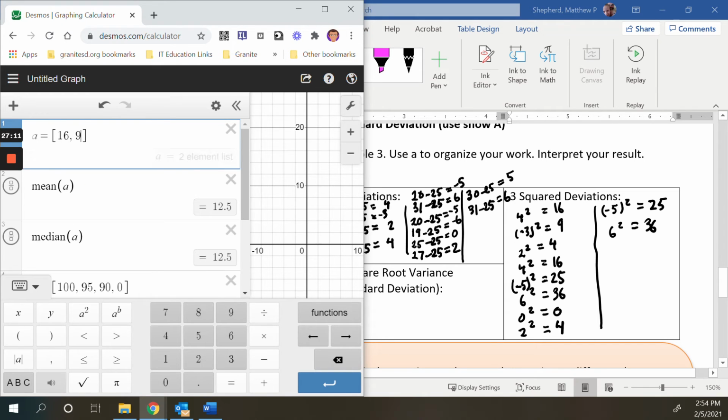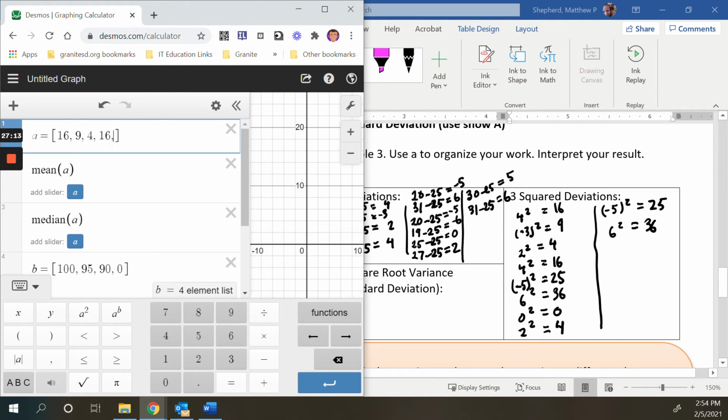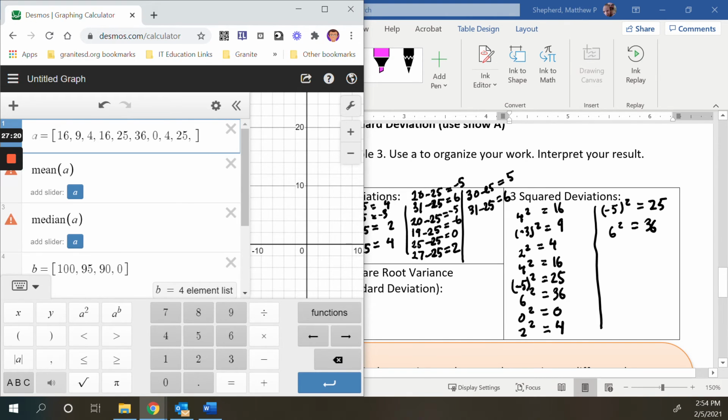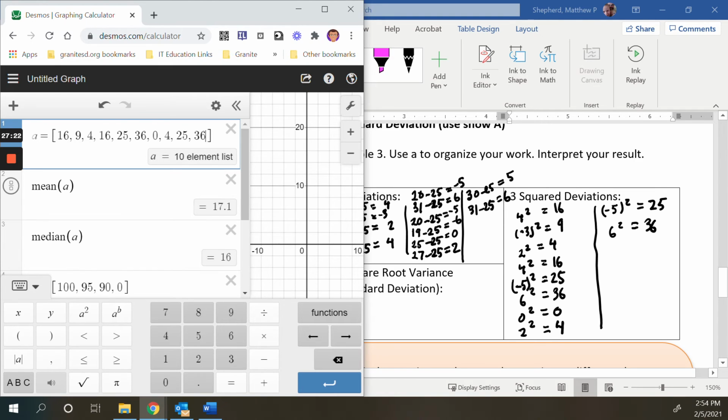So 16, 9, okay, and it looks like I may have lost some.